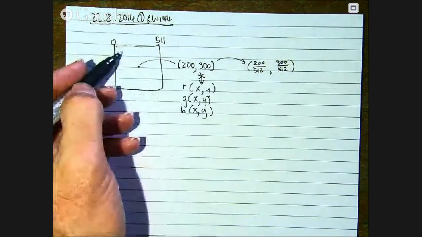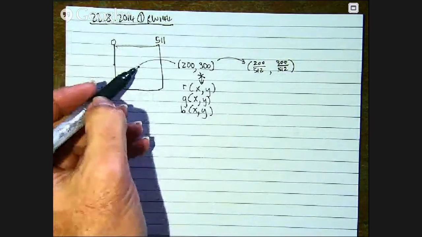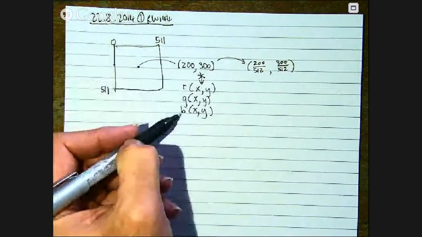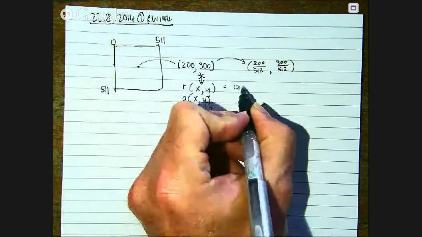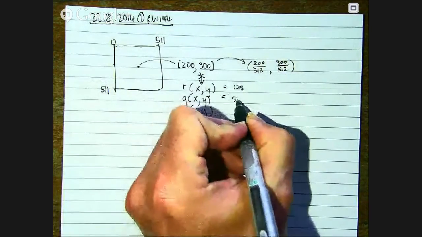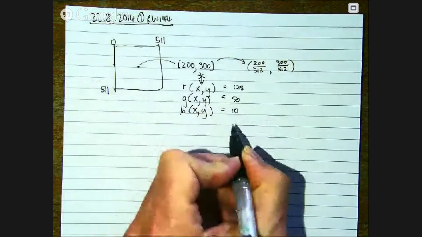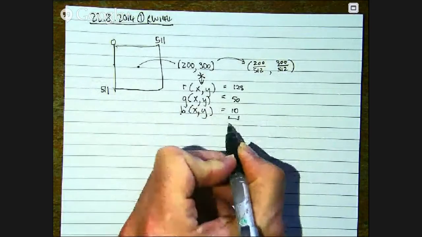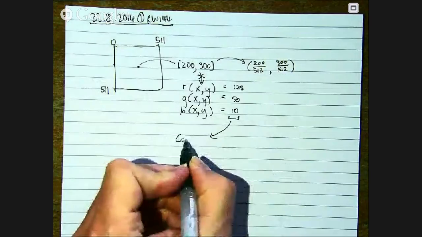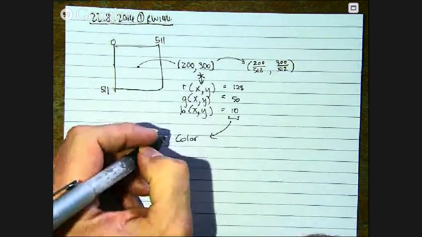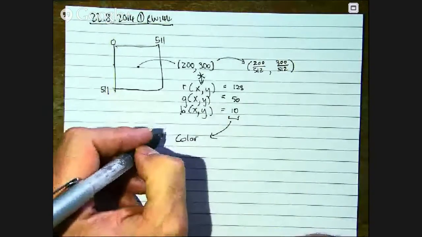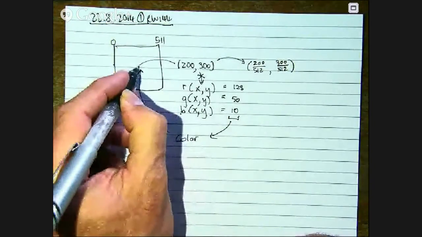So we iterate over the whole canvas. For each point, we call our three functions, and each sends back a value. Let's just make up values, 1, 2, 8, 50, 10. I use these three to construct a color, as we did before many times, and that's the pixel I want to draw in that spot.